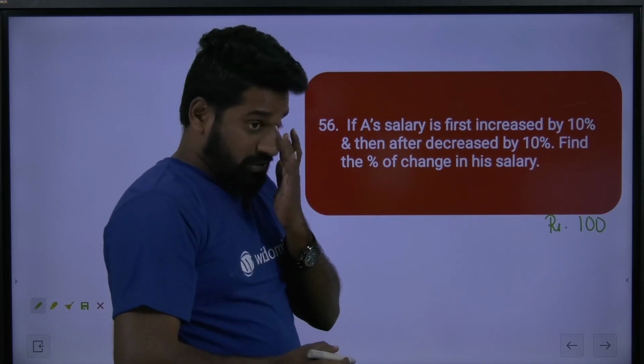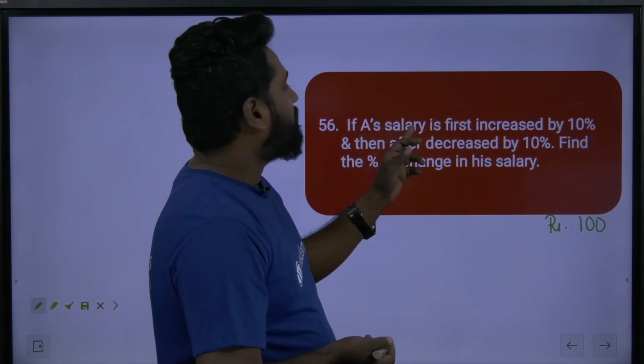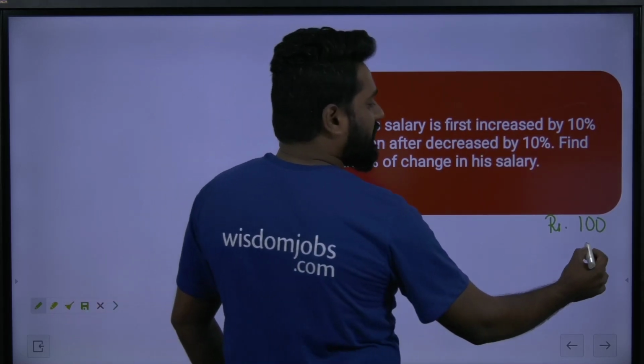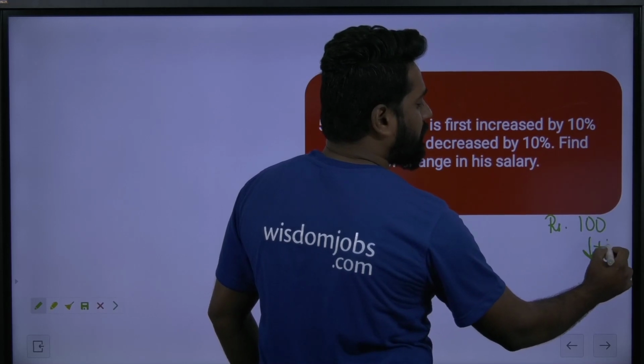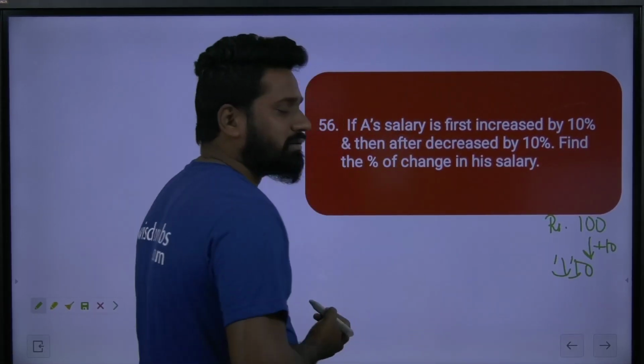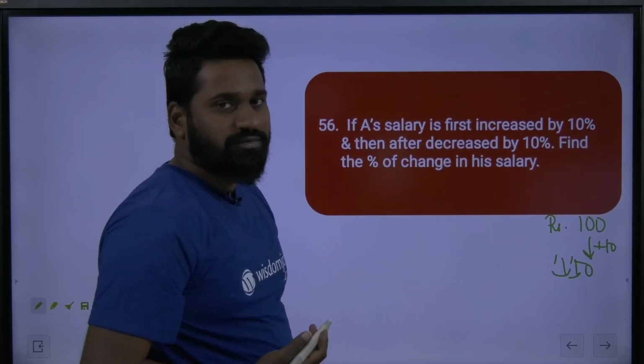This is his original salary, and it is clearly mentioned that first it is increased by 10%. What is 10% of 100? That is 10 rupees. So his new salary becomes 110 rupees, because 10 rupees is the increase.